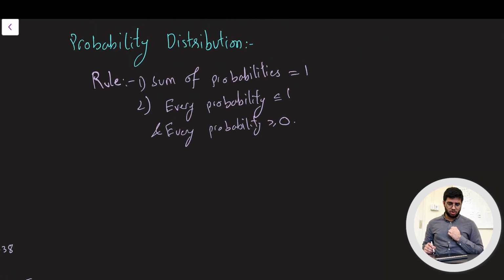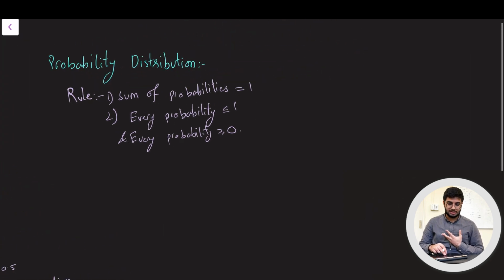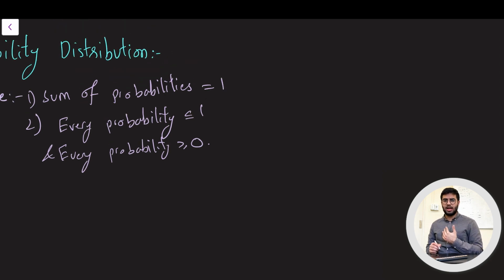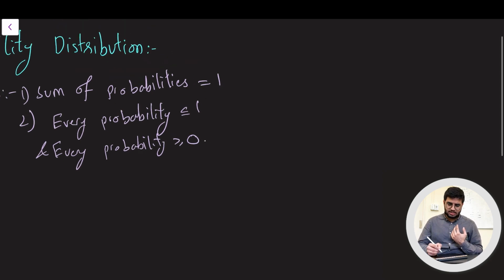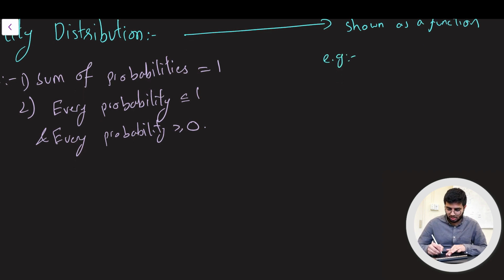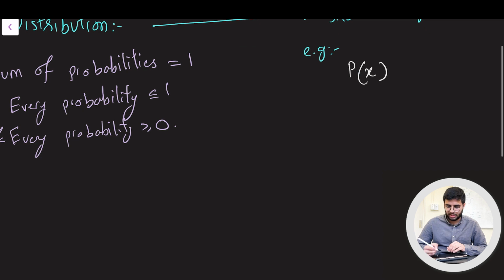As promised, we are now going to look at another way of showing a probability distribution, which is through a function. Okay, it's not as complicated as functions we've looked at before. You can say, for example, I'm just going to write that down, P of x shown as a function. Okay, so for example, you have the function P of x, where P of x is simply this.